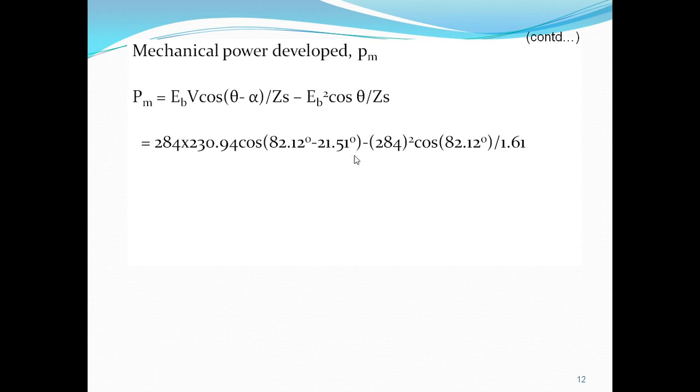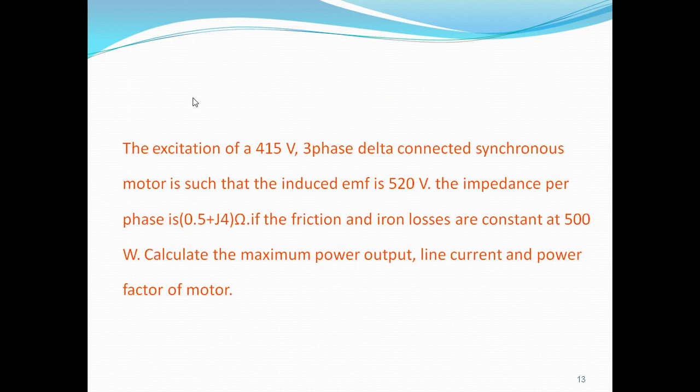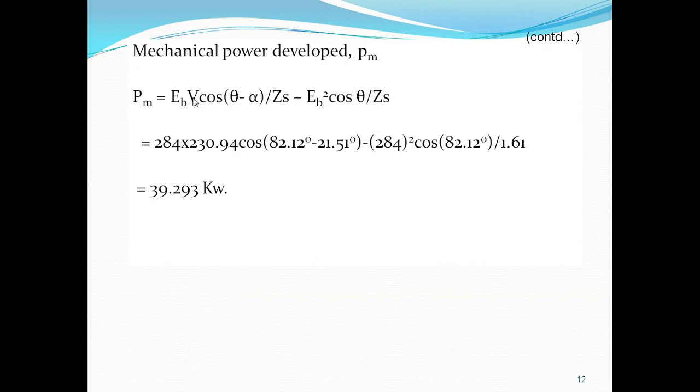Note down the correction here. The ZS value also I have to substitute, divided by 1.61. So then you can get 39.293 kilowatts. So this is the mechanical power developed at the armature. Any doubt in this one?